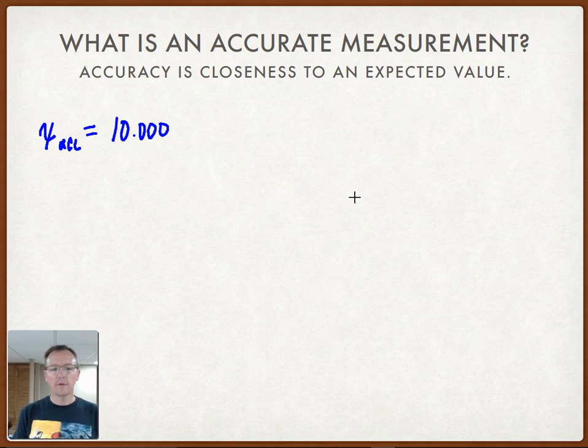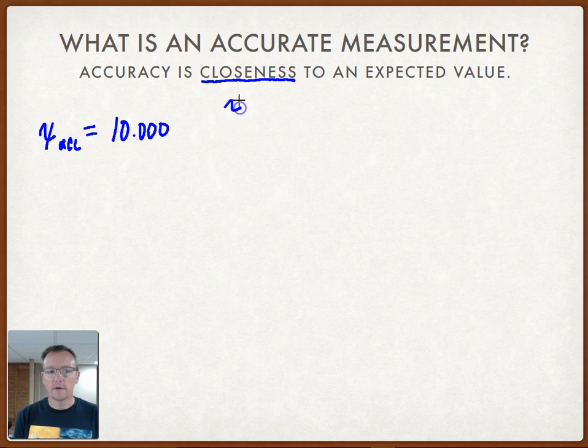Now, if someone were to come along and do an experiment to determine what that value is in our lab, you could compare this value to the value that they get and then see how close it is. And that closeness would be reported as your accuracy. So let's say we have two groups.